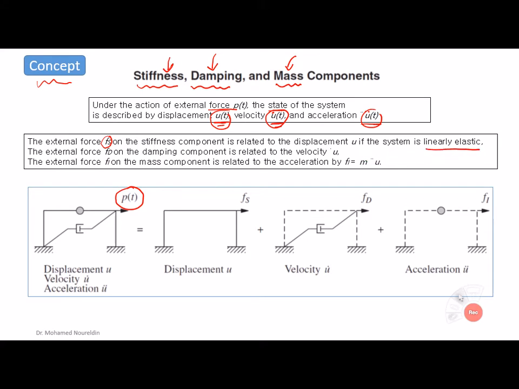So we are going to say that our system, which has a force applied on it that is changing with time, is equivalent to a system that has the stiffness and does not have any damping and does not have any mass, with an external force Fs applied on it. This is the elastic force.